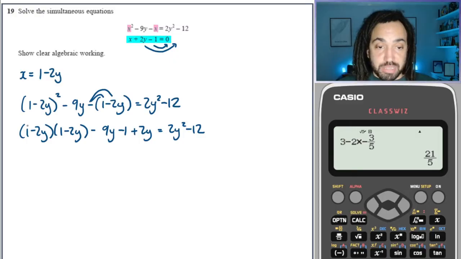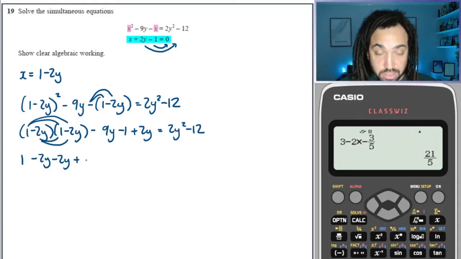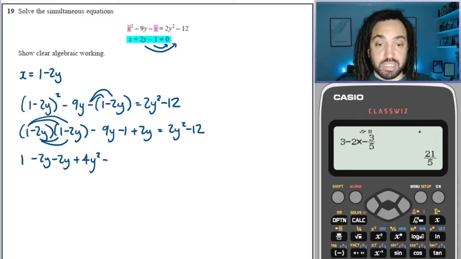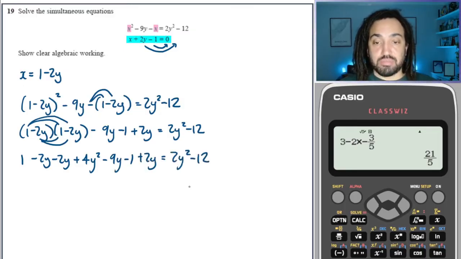Okay, so this needs to be expanded out as well. So we've got 1, we've got minus 2y, we've got minus 2y, and we've got plus, because 2 minuses, 4y squared. And then that equals 2y squared minus 12.